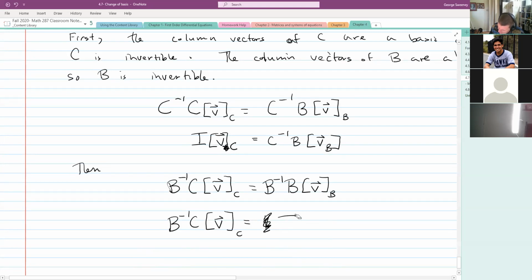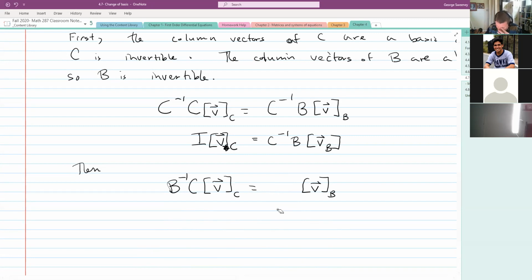Actually incorrect. I just want this, so equals I times VB, everything's fine. They're not equal to each other, but that's fine. I think I have a head cold. That's probably the deal, or an allergy or something.